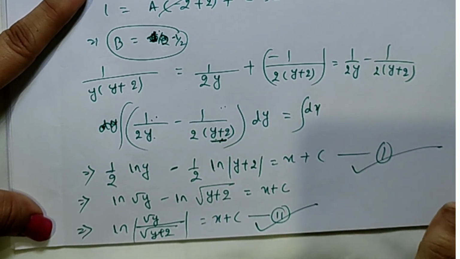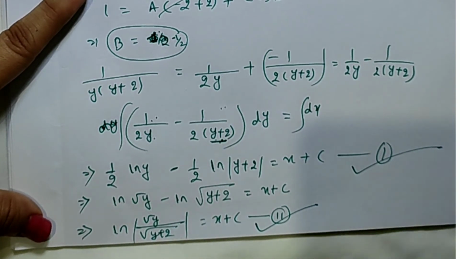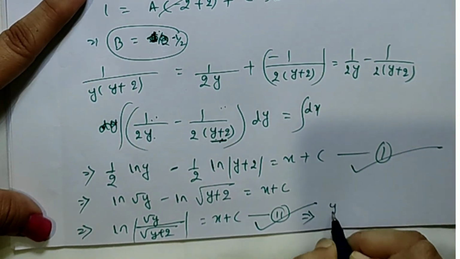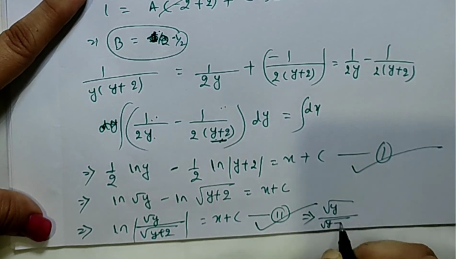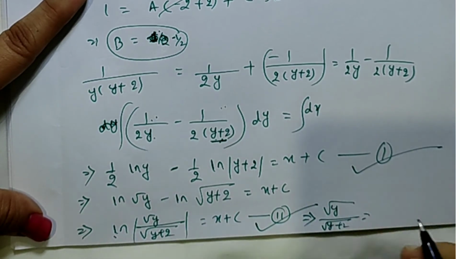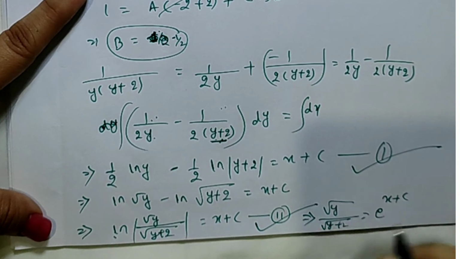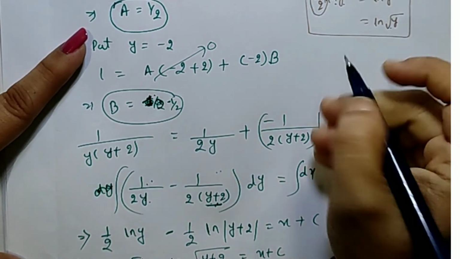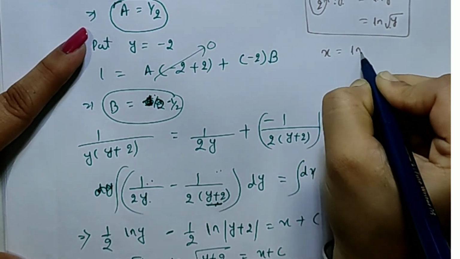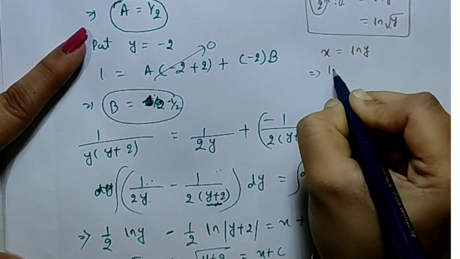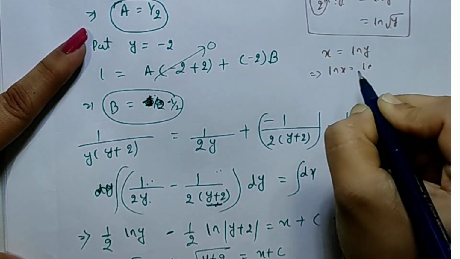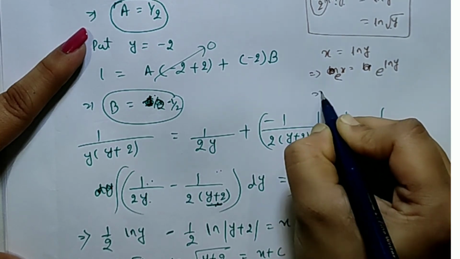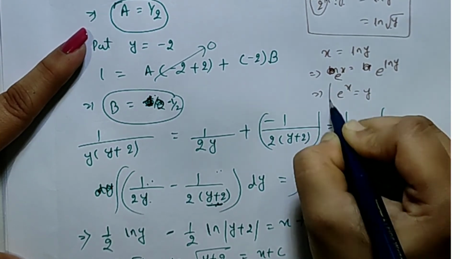Someone is saying, no, I want to solve one more step. That also we have. Implies root y by root y plus 2 is equal to, this ln on the right hand side will be e power x plus c. Yes or no? See, x is equal to ln y, taking e on both sides, e power x is equal to e power ln y, implies that e power x is equal to y.